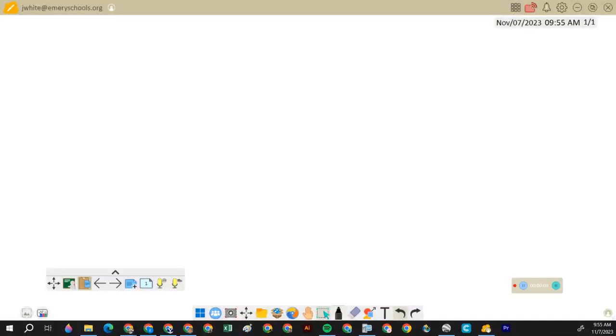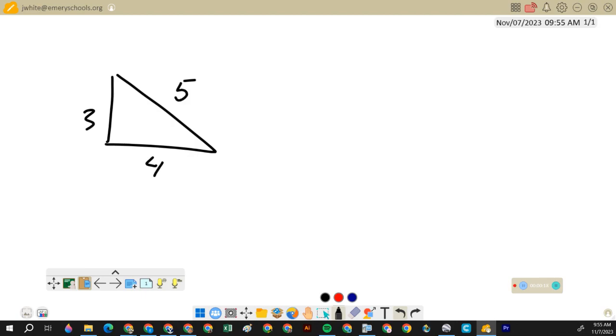This is 6.1. We're going to be doing area of various polygons, triangles, quadrilaterals. So if I had a triangle, and let's say it was our favorite Pythagorean triplet, 3, 4, 5, how would I find the area of this?